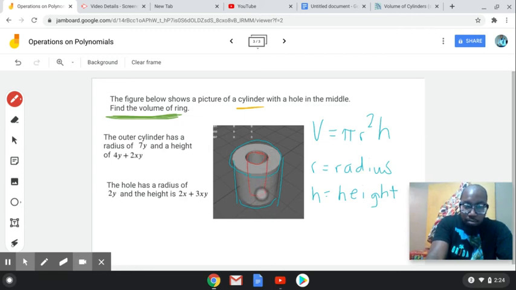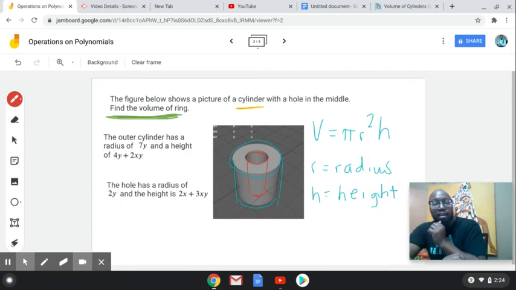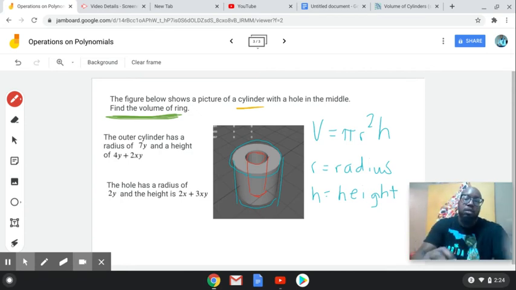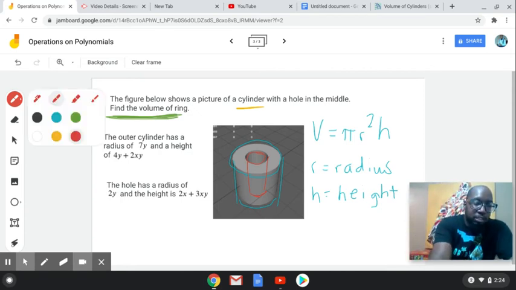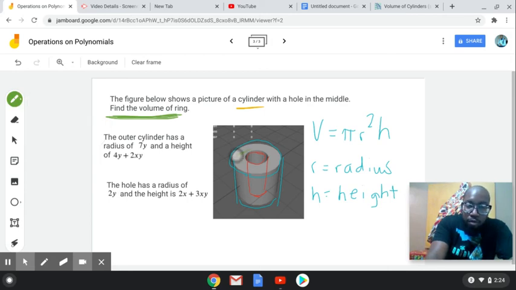Can't see at the bottom, but that has a radius and a height too as well. And of course, what we want to find is just, I'm going to put in green right here, we just want to find what that is.